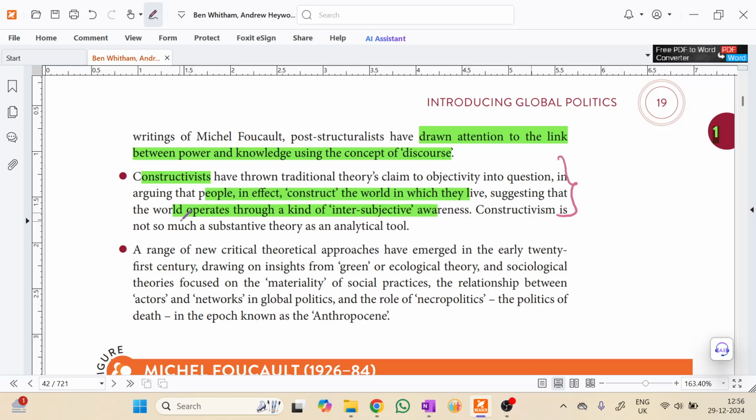But the idea is that the world it operates in intersubjective awareness, by which it means the world we see has been constructed by the people.